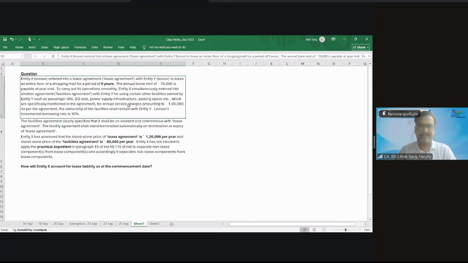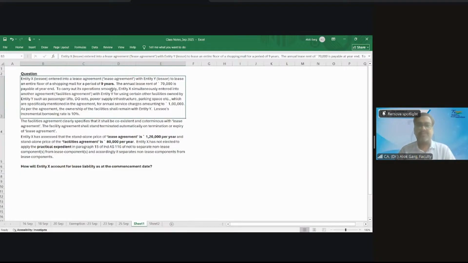Entity X, a lessee, entered into a lease agreement with entity Y, who is a lessor, to lease an entire floor of a shopping mall for a period of 9 years. The annual lease rent of 70,000 is payable at the year end.